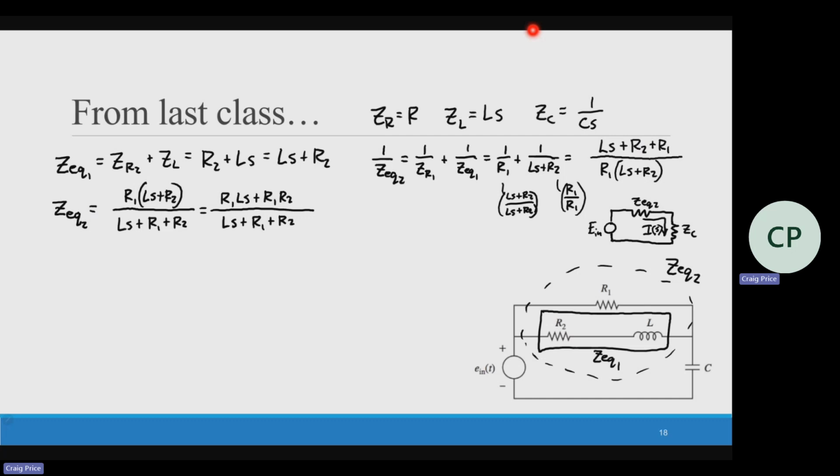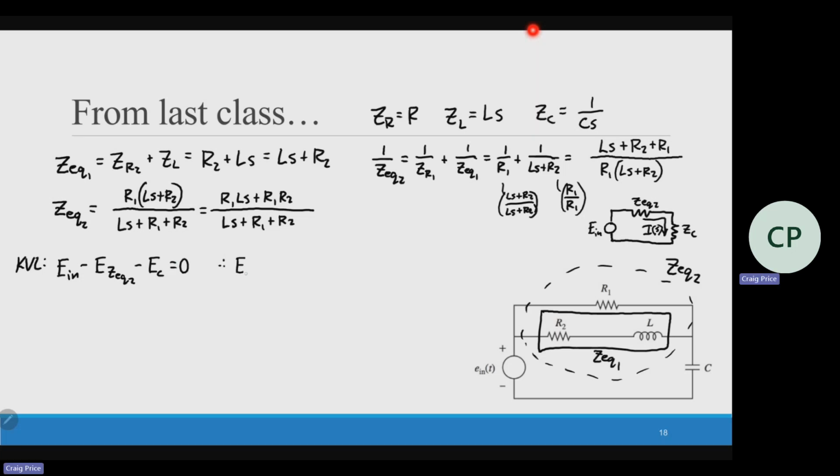So now let's do the KVL. I've got my system right here. If we do a KVL of the loop, I have En minus the voltage across Z equivalent 2 minus the voltage across the capacitor equals 0.